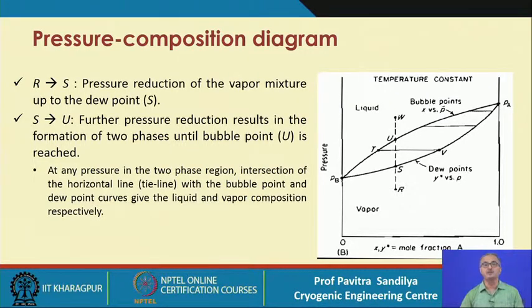That means, if we still increase the pressure beyond the point U, that is the bubble point pressure, we now have the compressed liquid. Now, please understand, compressed liquid and subcooled liquid mean the same thing, they represent the same state.